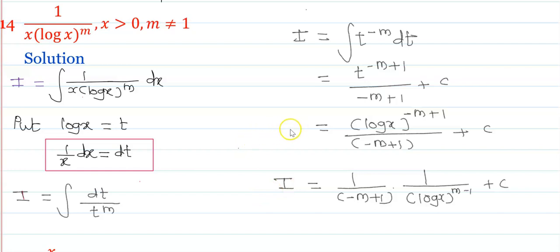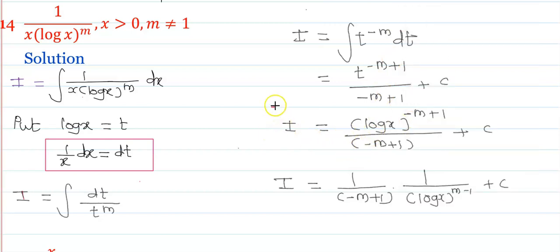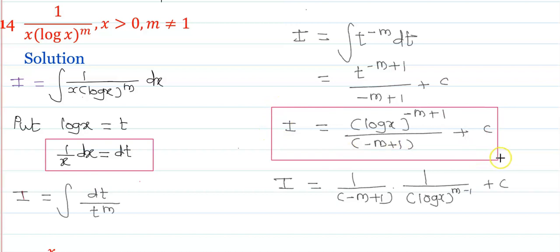This is the answer. You can have both types of the answers. The first is like this, and this is the second one. Now we'll take the next example.